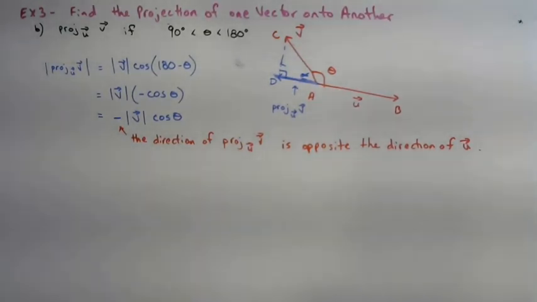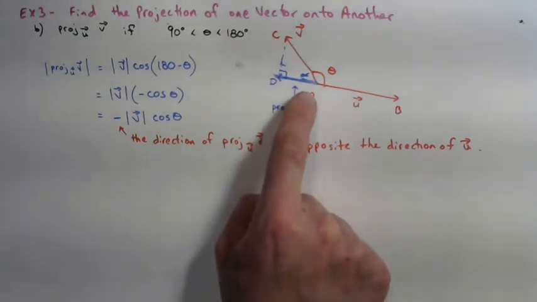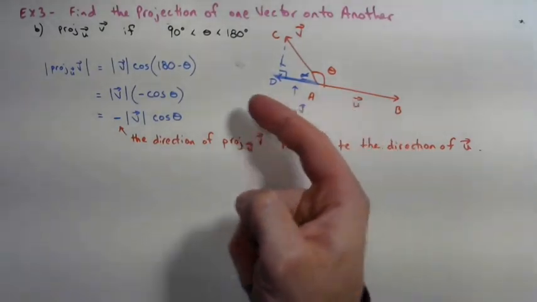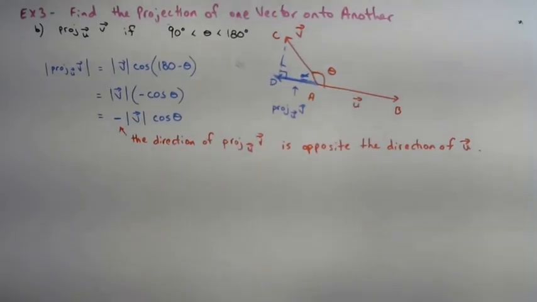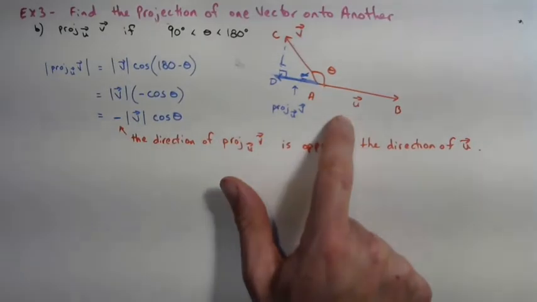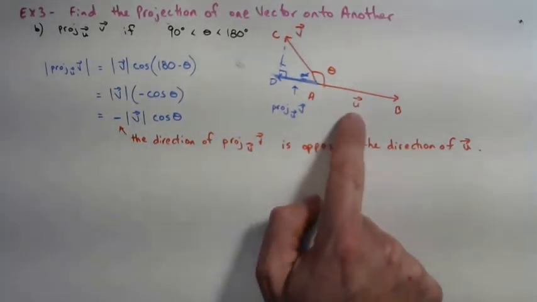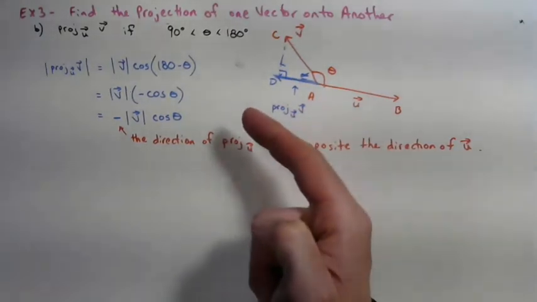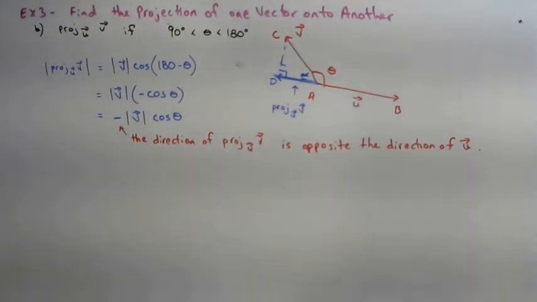So we're going to get a negative value of k, because we're talking about a multiple of a unit vector that is going in the opposite direction of vector u. So when we multiply u by k to get ku, it's going to be going the opposite direction, so k must be negative. Let's do that in note form.